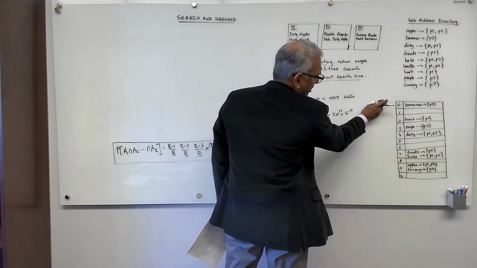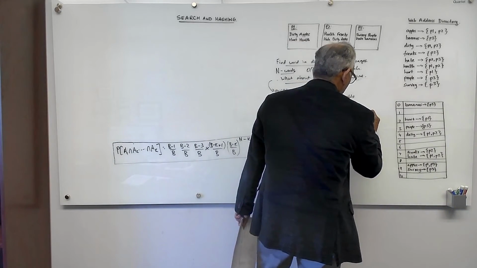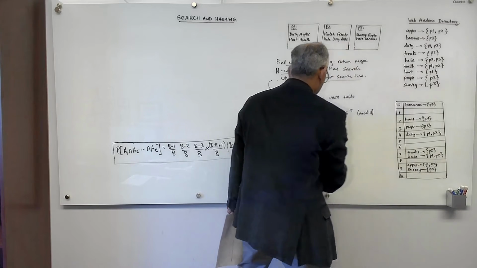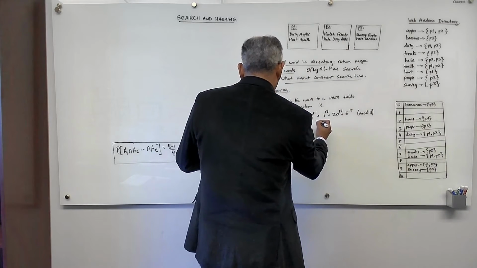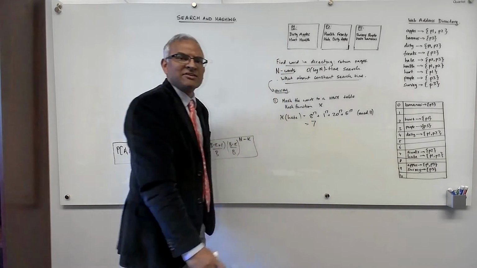But since you want a number between 0 and 10, you take the remainder modulo 11. This gives me the value 7, and so you see that hate is stored in table row 7.